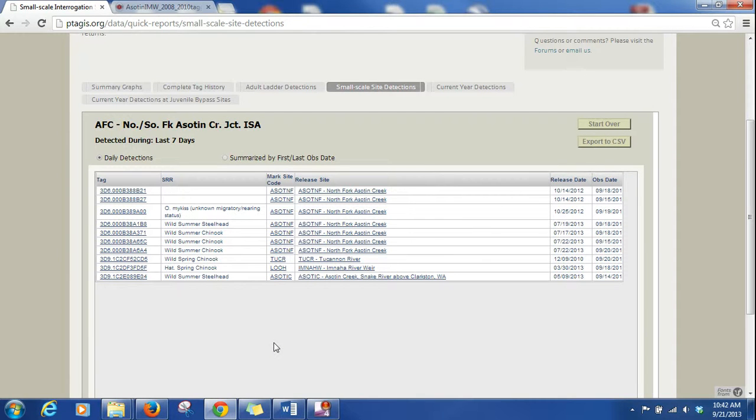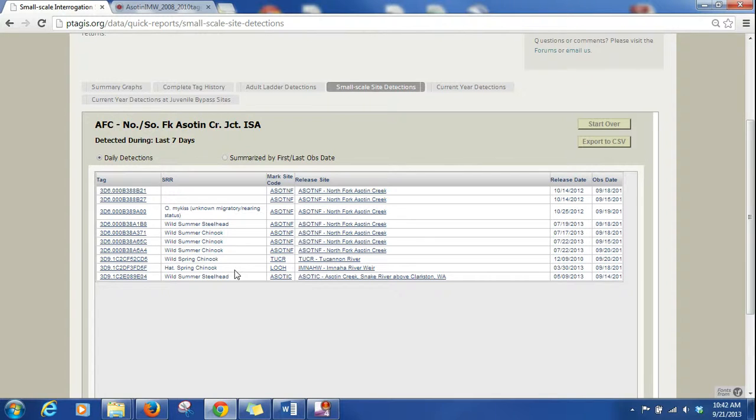We can see that in the last 7 days, 2 fish that were released in the North Fork of the Asotin have shown up. We don't know what they were. They were probably steelhead. An omicus that was tagged in the North Fork was detected there, steelhead, and then several Chinook.